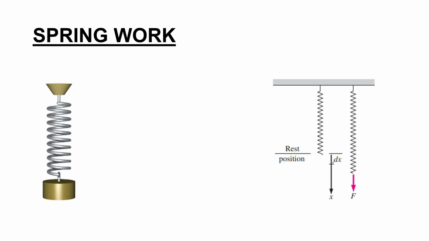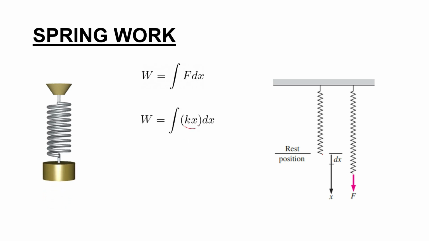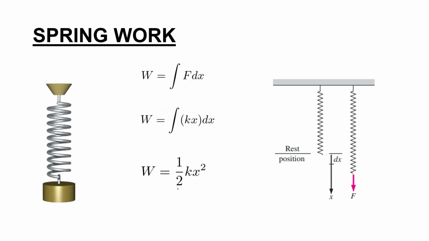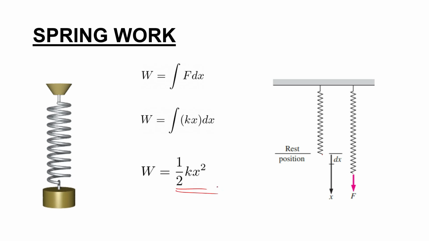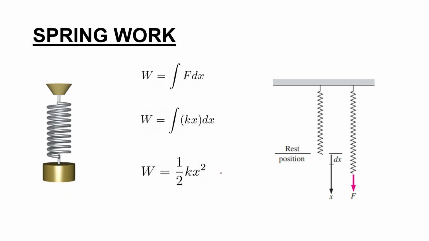So you are doing a work on the system, and this is calculated using the formula integral F dx, and this F in turn is equal to K, the stiffness or spring constant K, into x. So if you calculate it, this is equal to half kx square. So this is how you calculate the spring work.